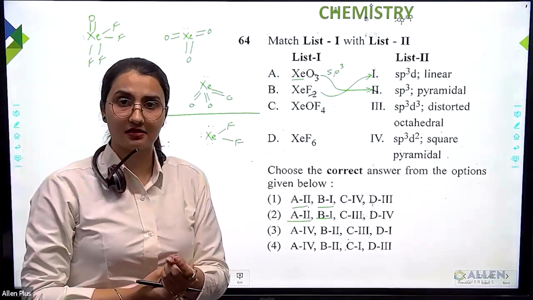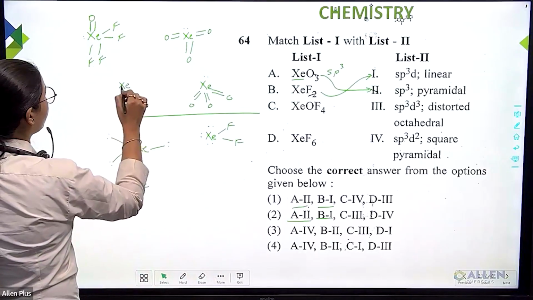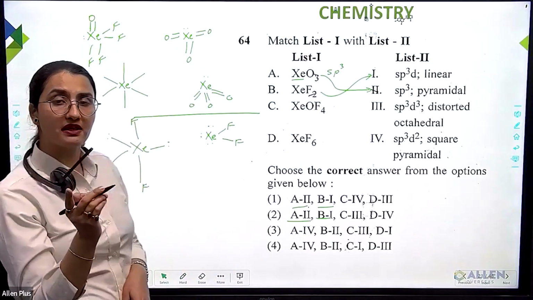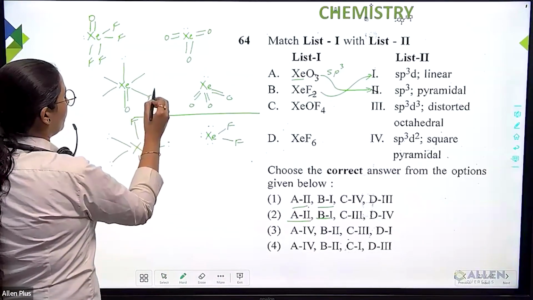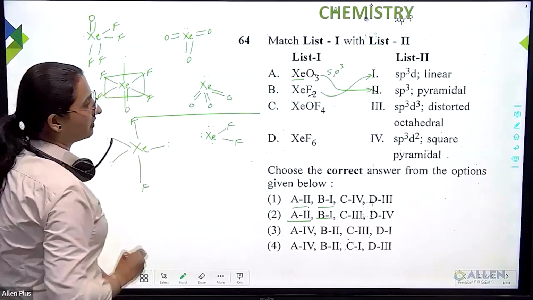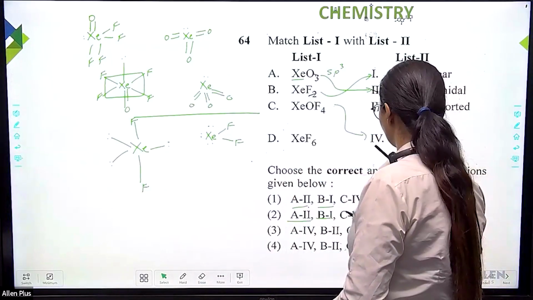Steric number is 6. 6 means sp3d2. Yes. So what will be the shape? This is the geometry. The lone pair in steric number 6 comes at the axial position. So this shape is square pyramidal. sp3d2 with square pyramidal, C4.